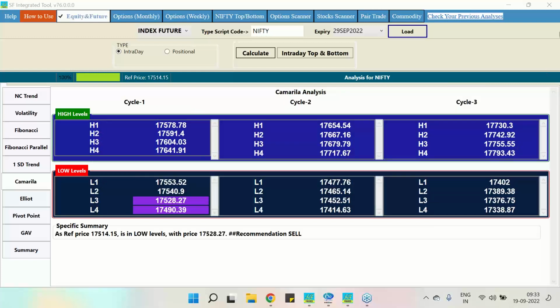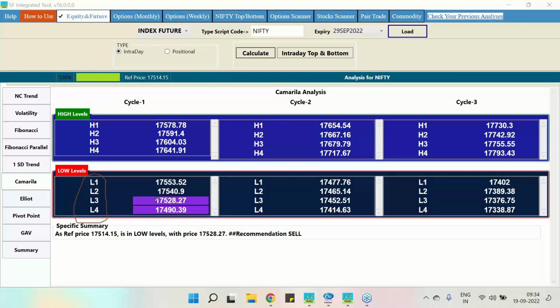But Camarilla has specific ambiguities, because all these levels are considered sell levels. Camarilla doesn't stop with just selling below L1 and buying above H1; it also says that at any of L1, L2, L3, L4, you should sell.